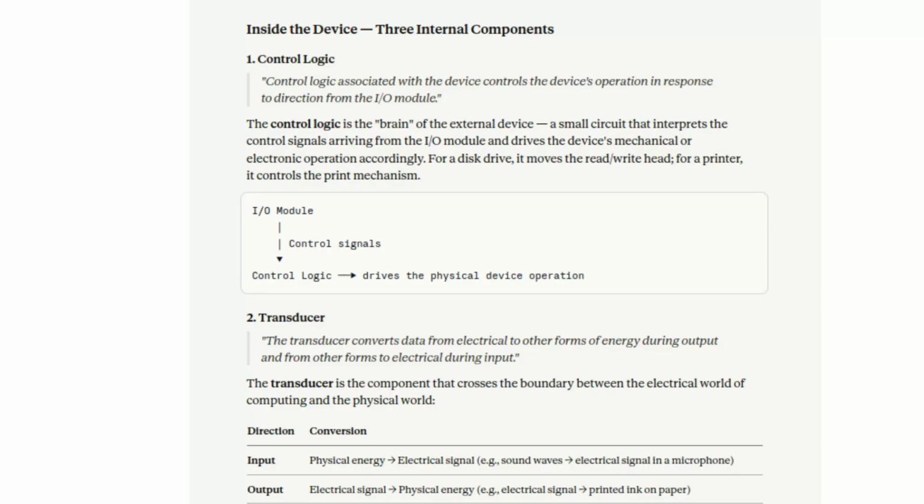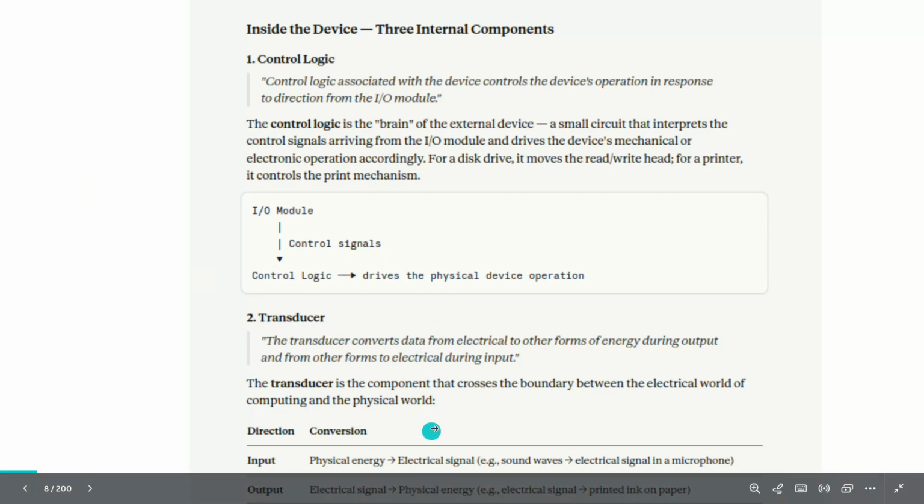This transformation of energy is done by the transducer. It's a component that crosses the boundary between the electrical world of computing and the physical world.